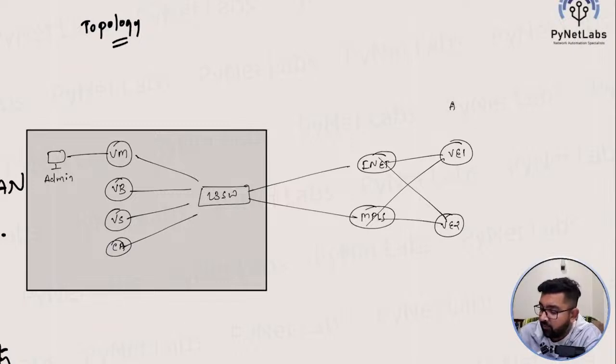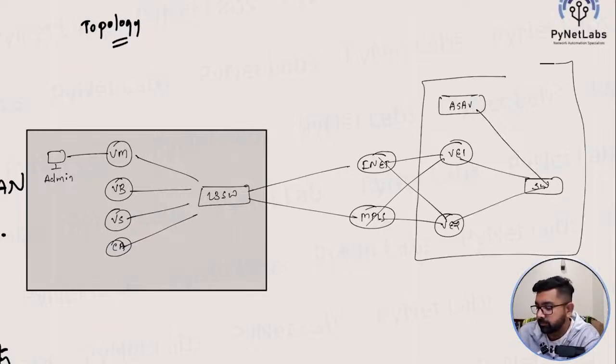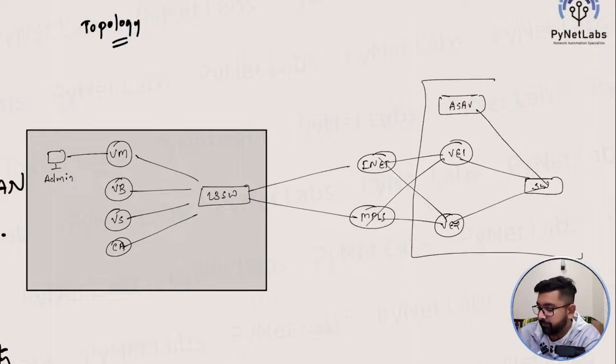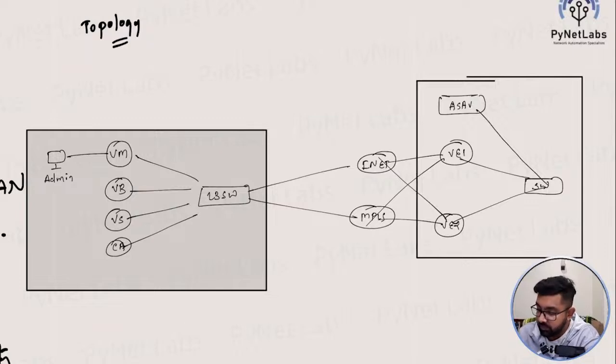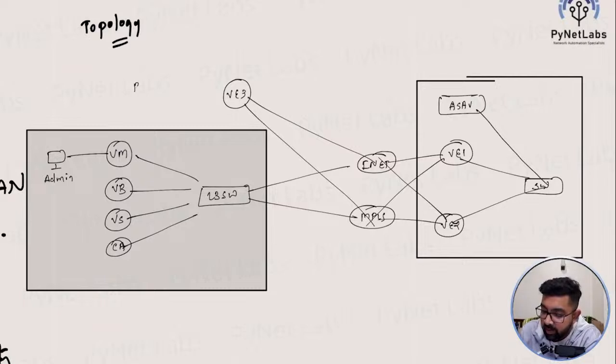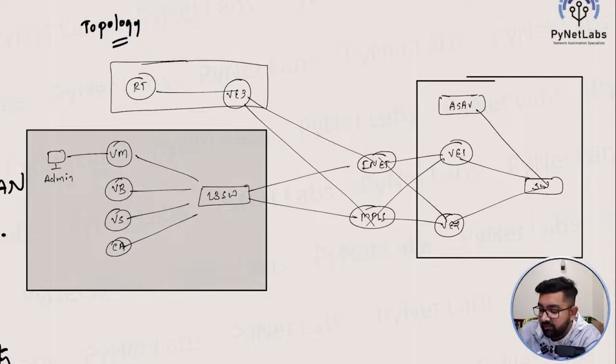Also, we are going to have a firewall there, ASAv, and all of these devices connect back into a layer 3 switch, and these are going to be in a single site. Post that, we might have WAN edge number 3 that connects again to both of these transports, and there will be a router behind it. That's one more site which we will be having.